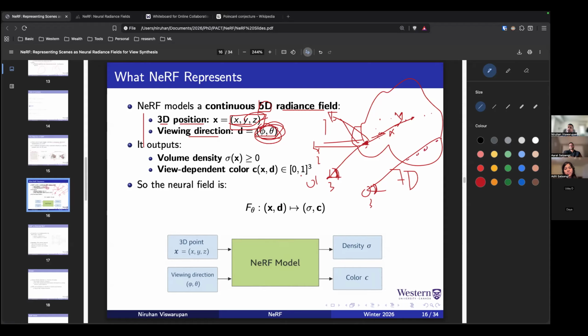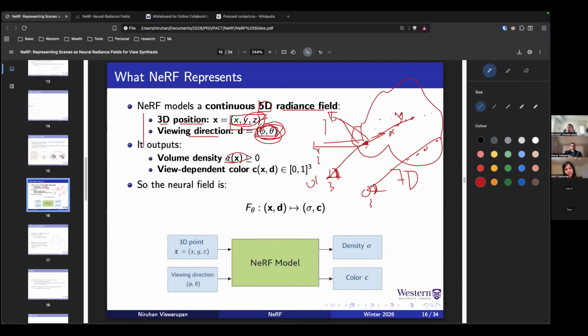Do you get it? So if you move the origin, it also changes. When we start with rendering, we actually pick an origin where we want to place the camera, then we do the rendering.